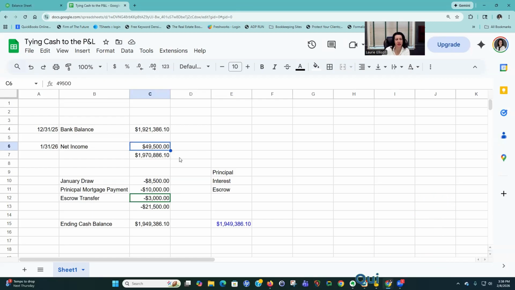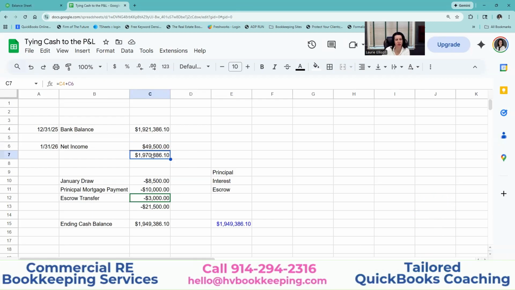Okay, so technically in your real estate investor mind, you should have 1,970, but you don't. And this is where you go and figure this out. I would use the statement of cash flows report and then a comparative balance sheet. So you would take away your draw, take away your principal for your mortgage, take away the escrow portion, right?